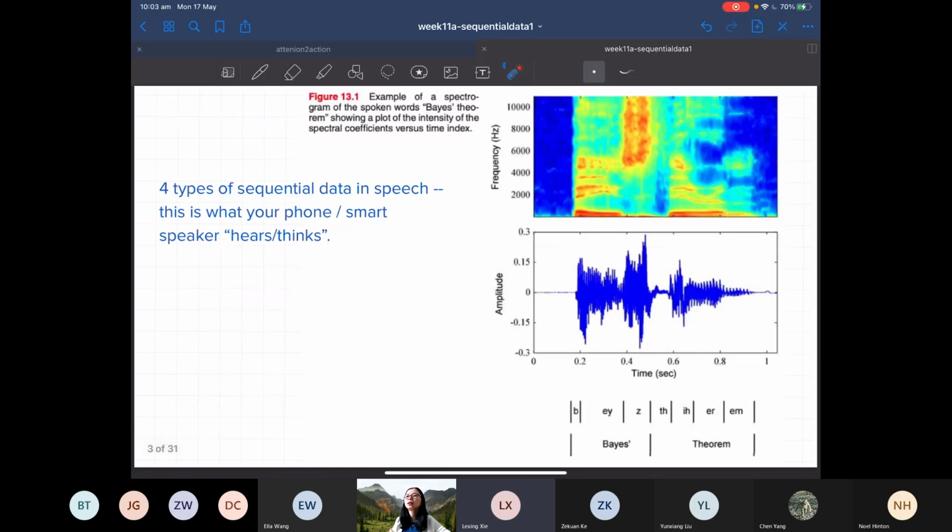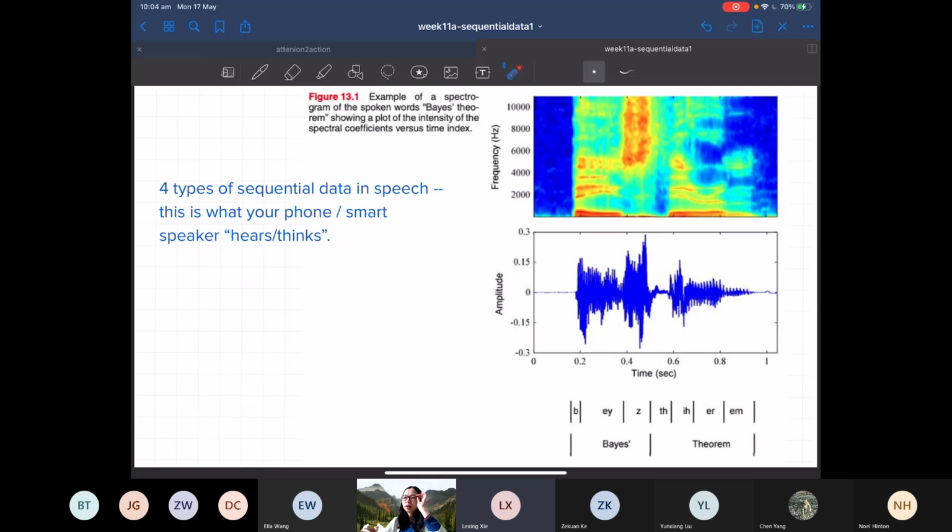So here's another example of sequence data. I would say this is what, if you have a smart speaker or if you talk to your phone, this is what they hear, right? There are at least 4 kinds of sequence representations that are often used. The middle one is the amplitude, right?